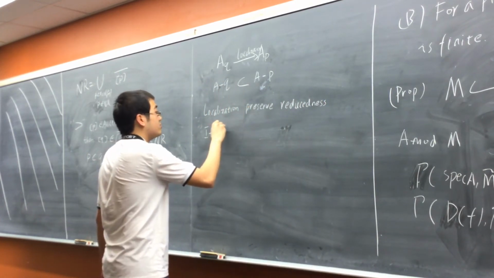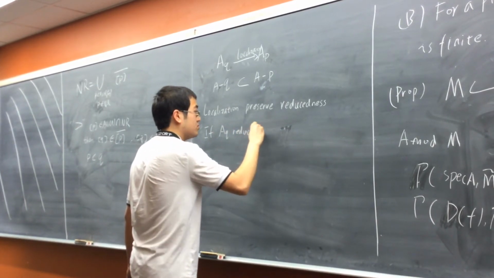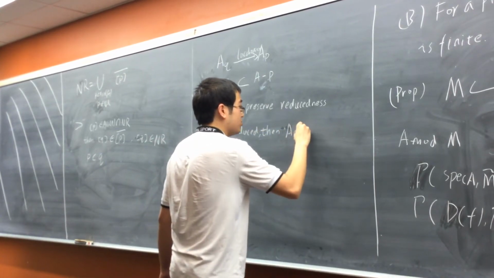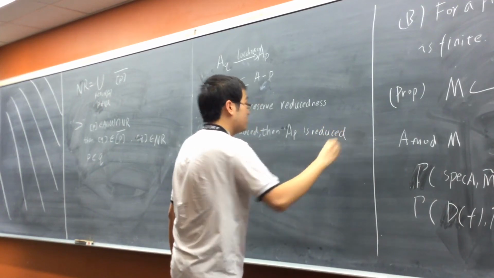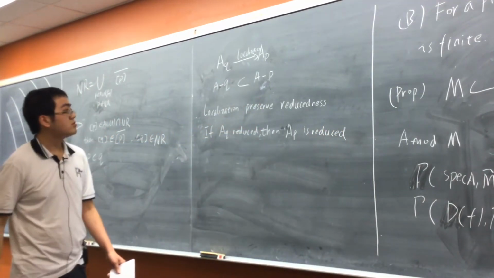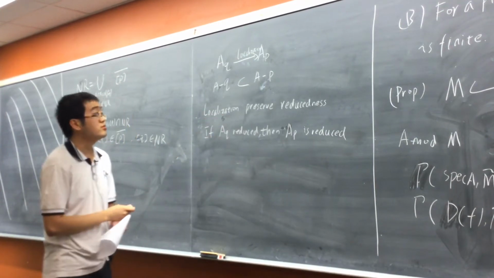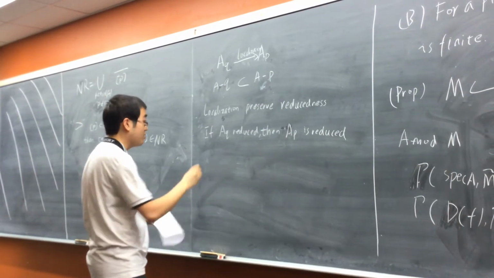So if A_Q is reduced, then A_P is also reduced. I don't think we have proved this before, right? Localization preserves reducedness. So here I just give a short proof.